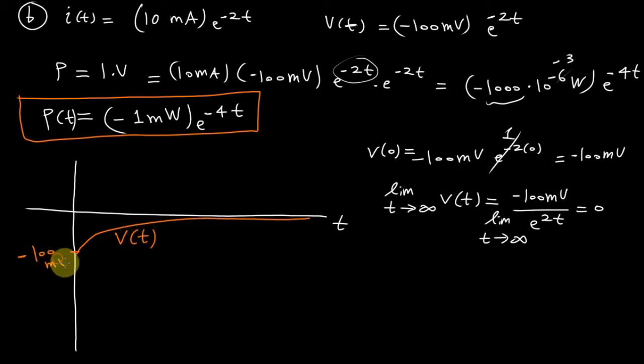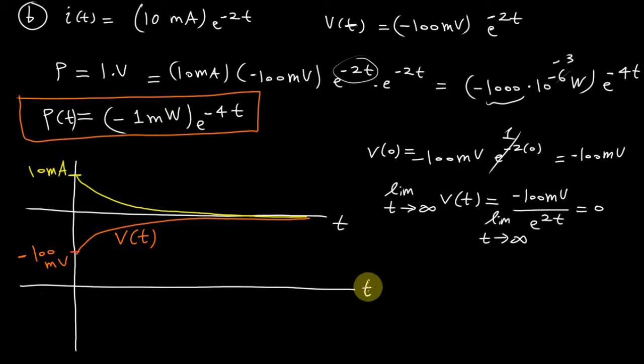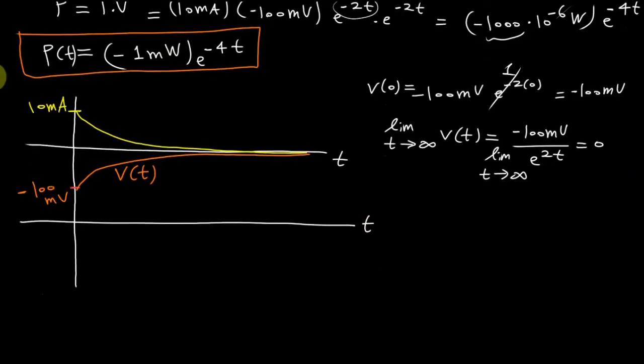And if you draw the current, it's going to be similar, but it's a positive number. So now power, it's going to be the multiplication of the two, so it's going to be starting at negative 1 milliwatt, and it will decay at twice the rate of each of the individual functions. So it's going to be dying away a bit faster, as you can see here in the green. So that is our power.